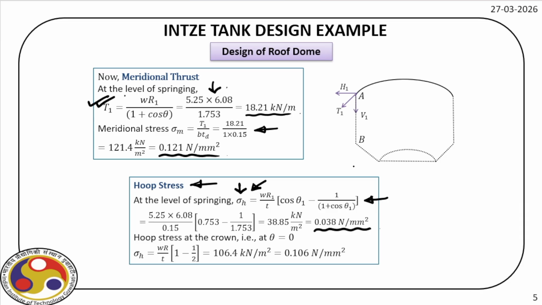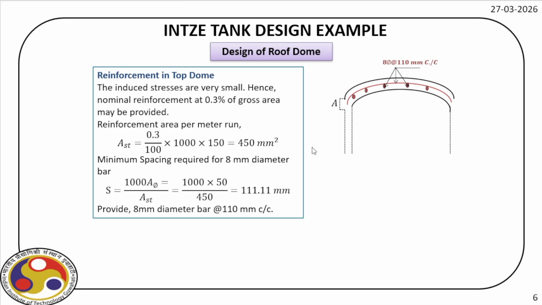Now remember, this is for theta 1. For theta equal to 0, that is at the crown, we have a hoop stress of 0.106 Newton per millimeter square. Okay, so with those stresses, now let us design the roof dome.